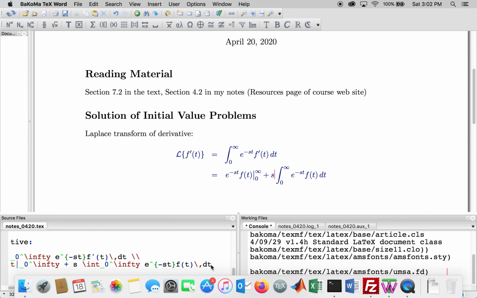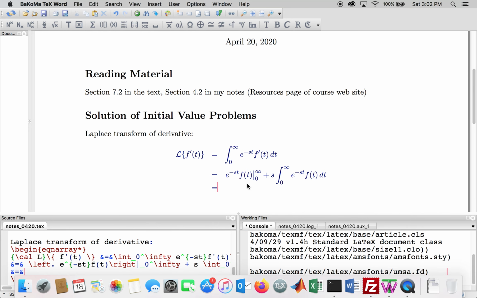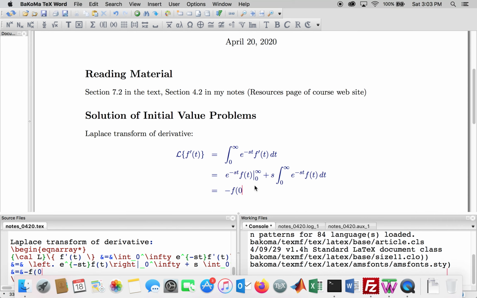Okay. Now, in this part here, if I let t go to infinity, e to the minus st will go to 0. So plugging in infinity will give me nothing. When I plug in t equals 0, e to the 0 will be 1, and then what's left is just f of 0. But that's the lower limit, so it gets a minus.